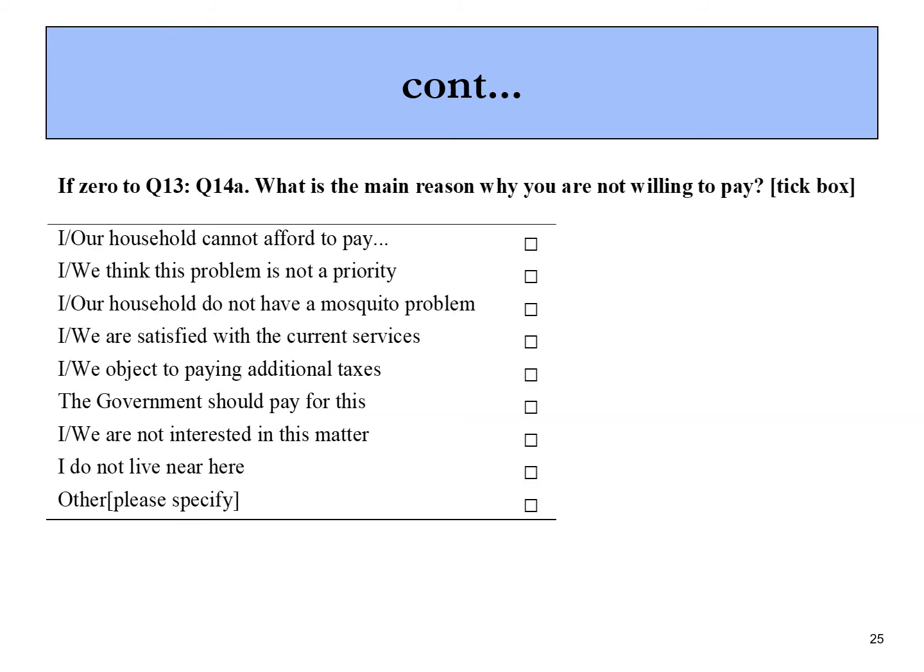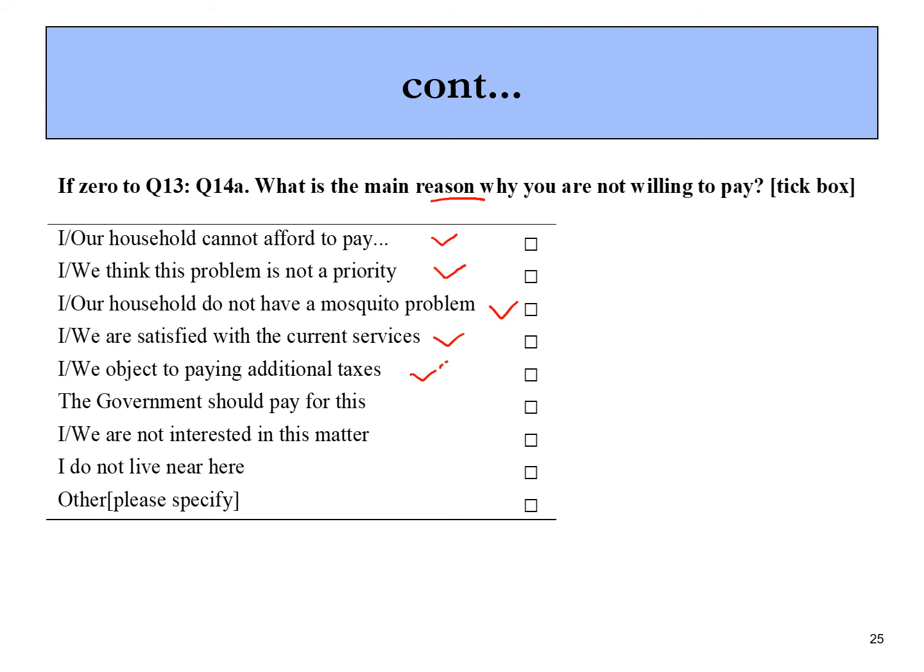If they are not willing to pay anything, you have to ask them the reasons why they are not willing to pay for it. Perhaps they cannot afford to pay the amount that you have proposed. Perhaps the problem is not their priority, or maybe they don't have the problem with the mosquito, or they are satisfied with the current services provided by the government, or they didn't want to pay extra or additional tax, and many other reasons.